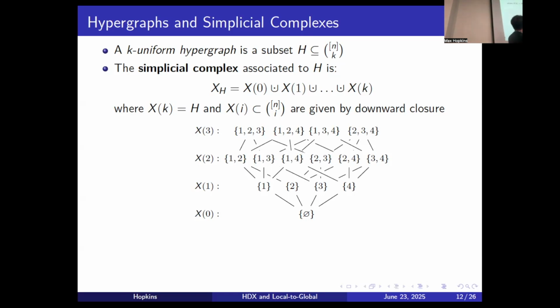Let me note here that I am making a mortal sin, if you're a mathematician, which is that I've written sets of size 3 as X3, whereas if you look in topology or geometry, this should really be X2, because these are triangles, and triangles are 2-dimensional objects, not 3-dimensional objects. Unfortunately, this talk is mostly combinatorial and probabilistic, and it's a lot easier to use this notation where the index corresponds to set size rather than dimension.